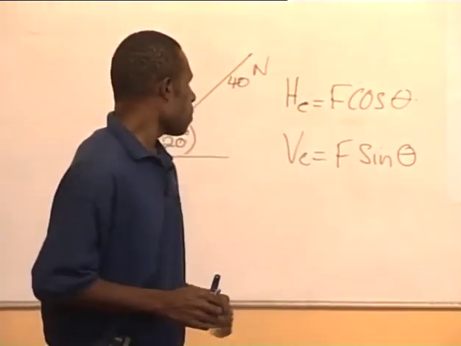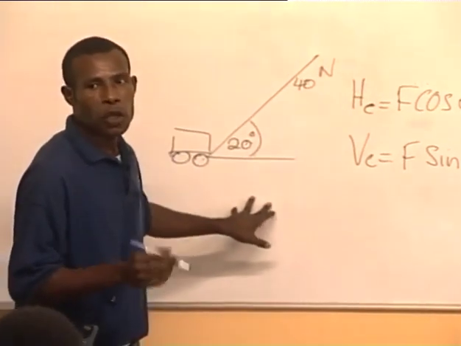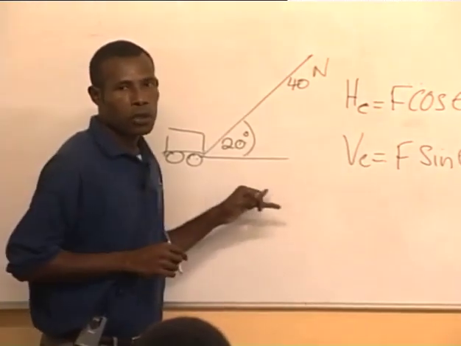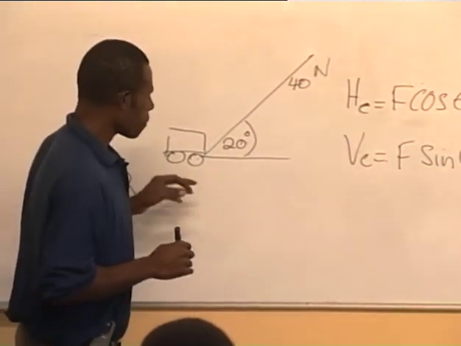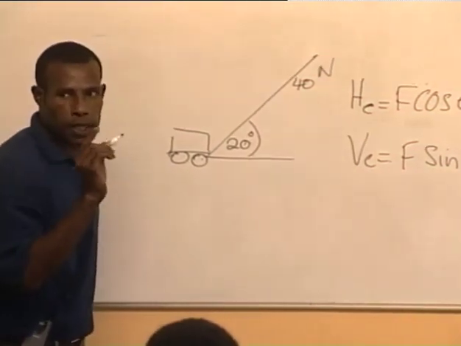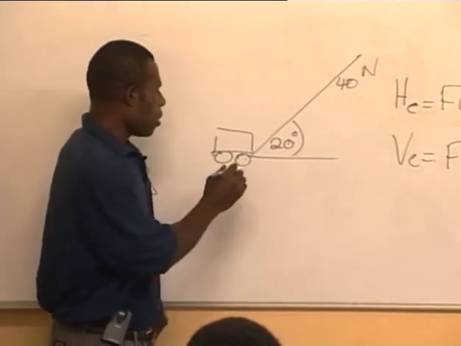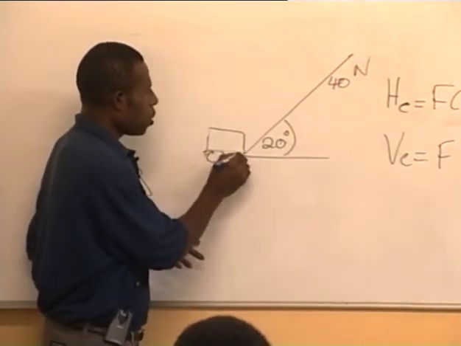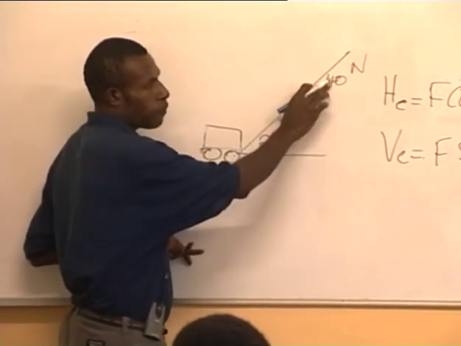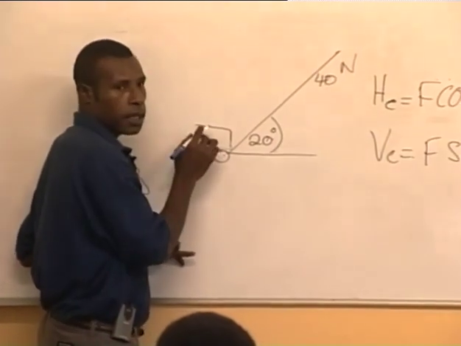Right, I'll quickly go through and then show you something before you go on to that activity. All right, consider this example. Now, somebody is applying a force of 40 newtons to pull this cart.